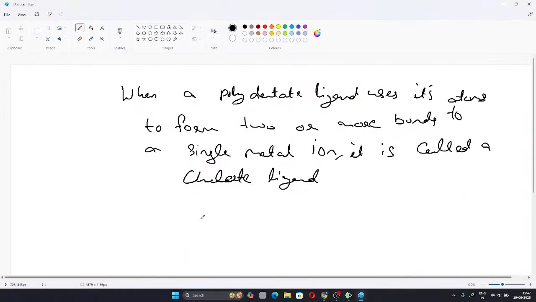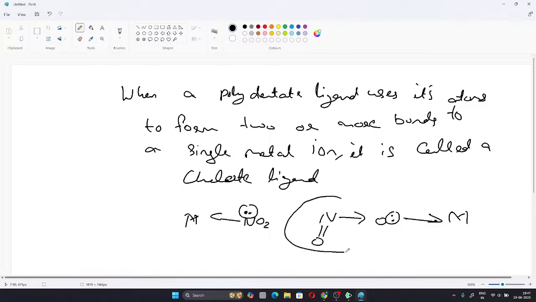In case of the nitro group, nitrogen can act as a ligand or this oxygen can act as a ligand. This is called ambidentate ligands.